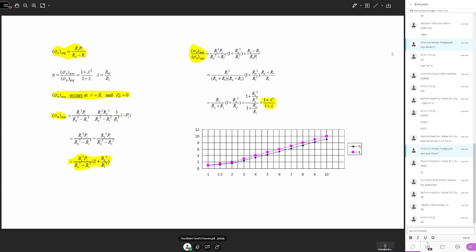I can show you here. Sigma theta average we have seen: Ri Pi over the thickness. The maximum tangential stress occurs when R is at the inner radius and the outer pressure is 0.